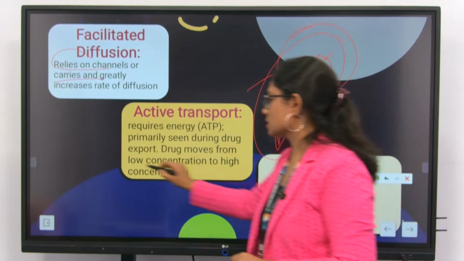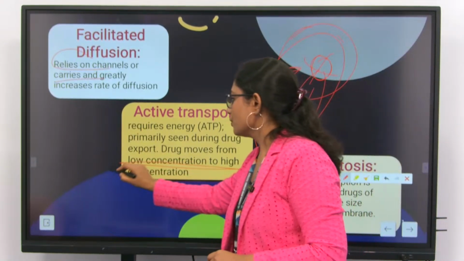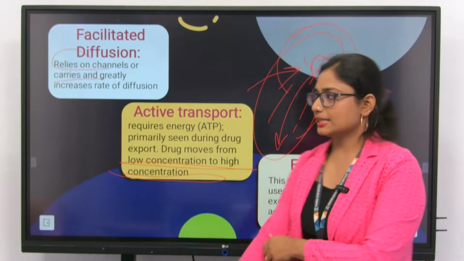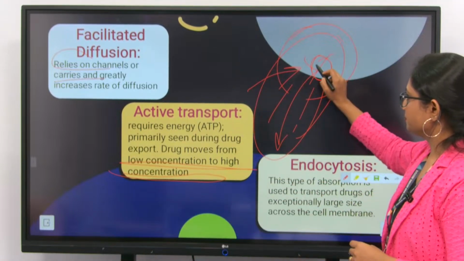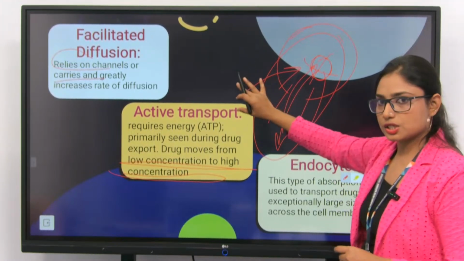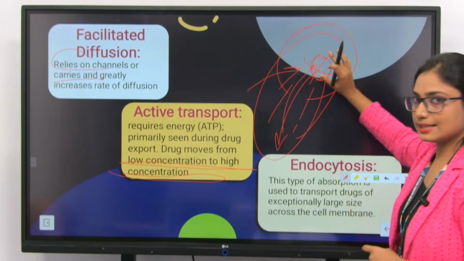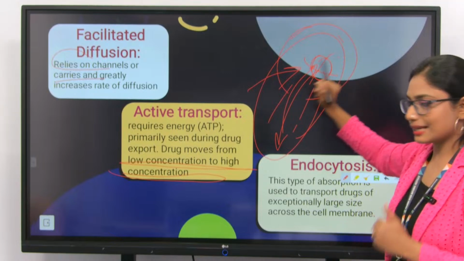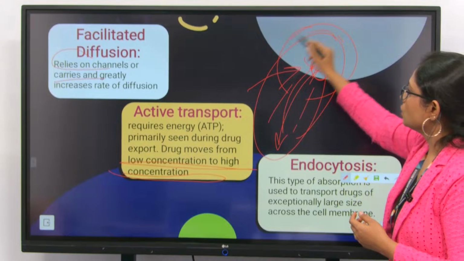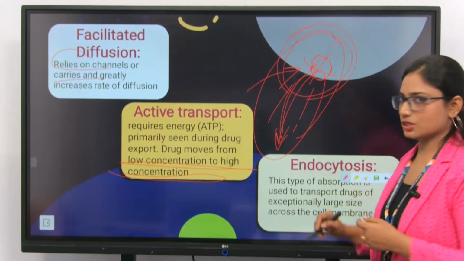Active transport is the movement of drug from low concentration to high concentration. Very important, because after absorption, when our drug molecule moves into the cell, the concentration is more outside the cell and less inside the cell. So if the cell is rejecting that drug, it is the movement of drug from low concentration to higher concentration.